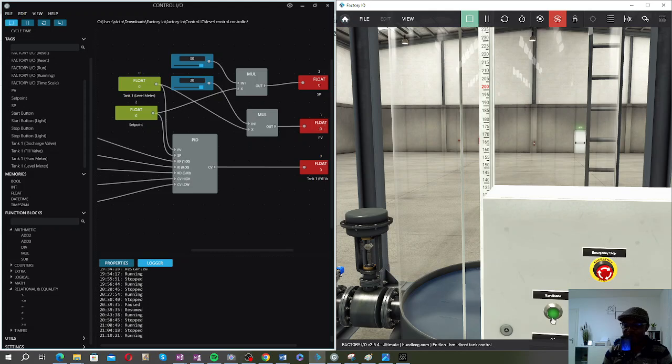When someone says a PID control, what does it really mean? And how can you take advantage of this knowledge? How can this knowledge help you? So that is what we'll be looking at today. So without wasting any of your time, let's get to it.